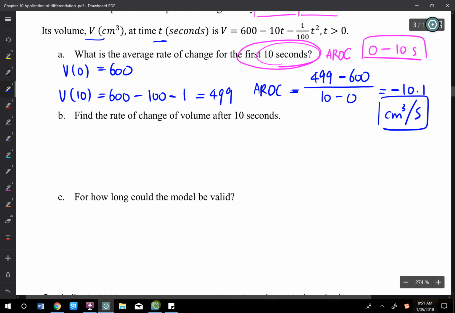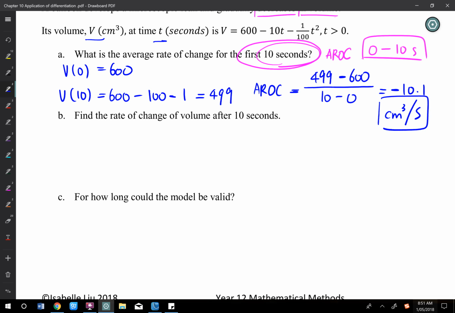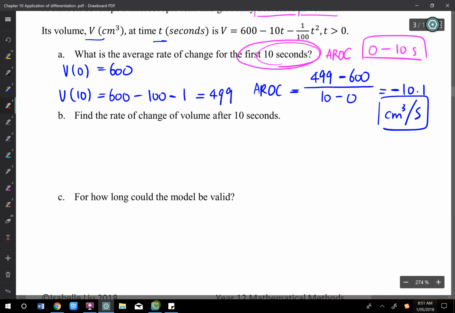You won't say a minus, you won't put the negative in. You won't say there's a change of negative 10.1. You will say there's a decrease of volume of 10.1 centimeter cube per second. Okay, this negative means a decrease.